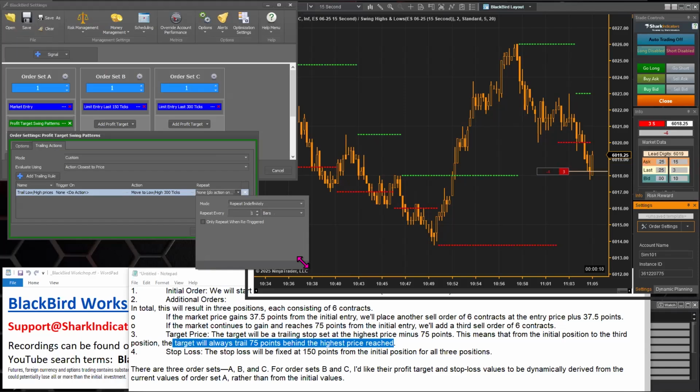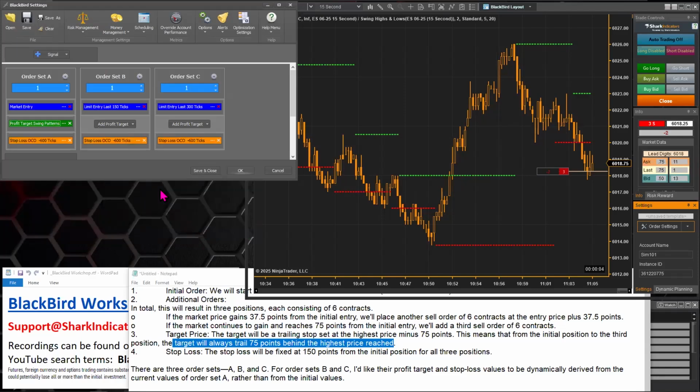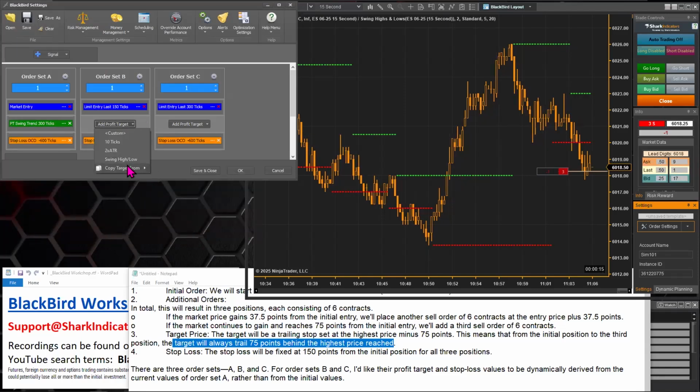I think that'll be just fine. So that is our trailing profit target that's pulling in closer and closer. So our profit target is reducing as the market moves. And then we just copy that to B, and we'll copy this to C.